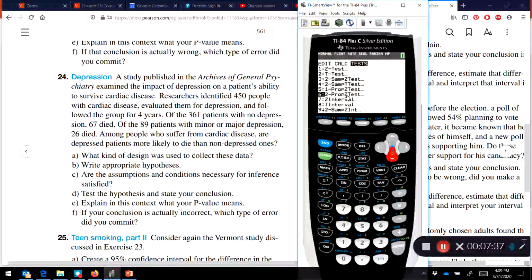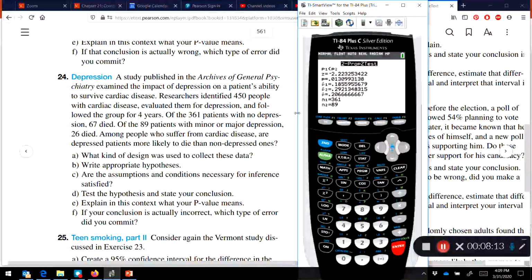So we're going to hit enter, and we're going to enter our data. Our X1 we said was 67 successes out of our 361 people without depression, and our X2 is the 26 people who died out of our 89 people with depression. And then we said that our hypothesis is that P1 is less than P2. Calculate. And here's what we get.